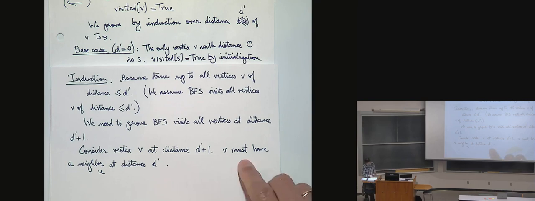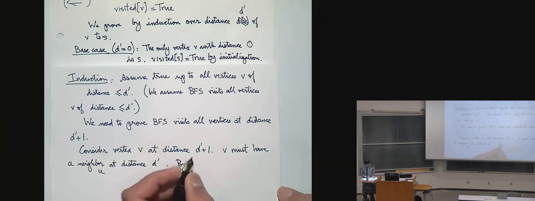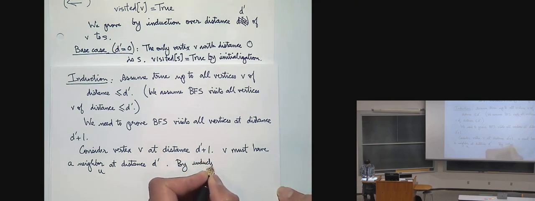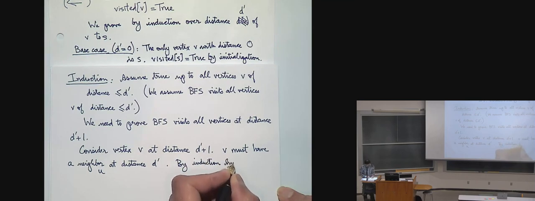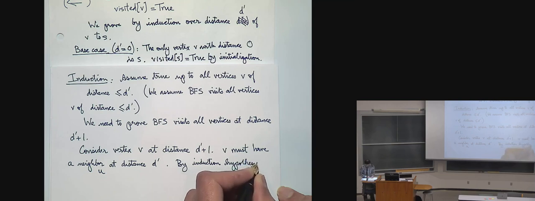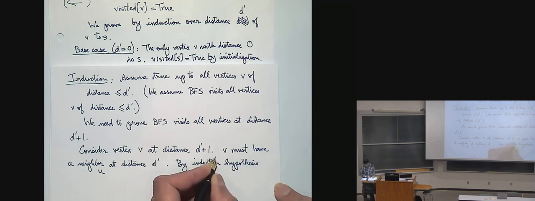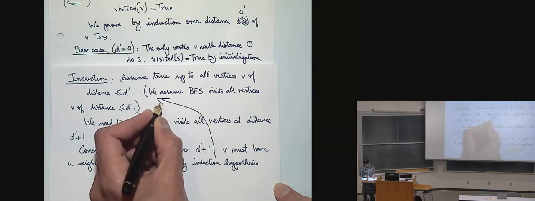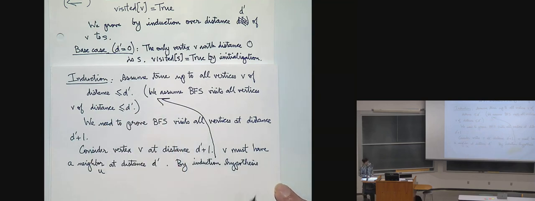Okay? All right. So V must have a neighbor U at distance D prime. By the induction hypothesis, and what is the induction hypothesis? That's that. U must be visited. Now, what does it mean for U to be visited? Every visited vertex enters the queue, right?